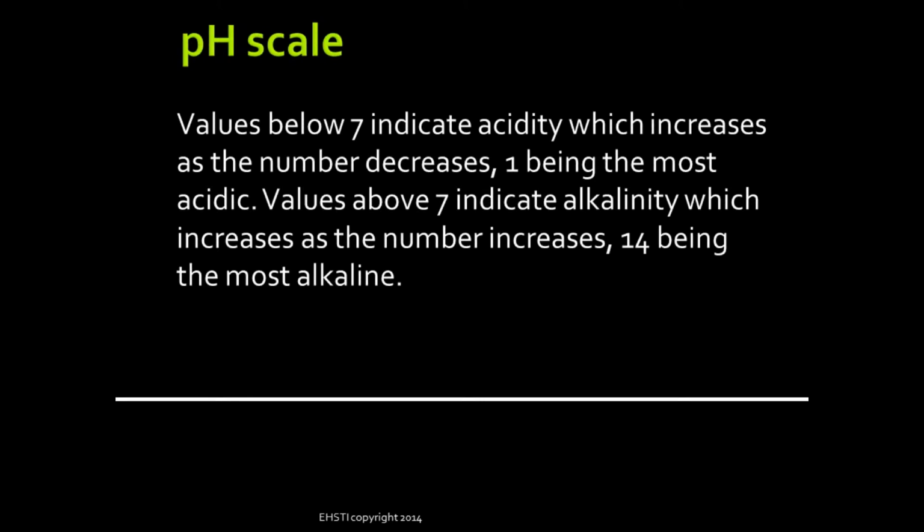Values below 7 indicate acidity, which increases as the number decreases, 1 being the most acidic. Values above 7 indicate alkalinity, which increases as the number increases, 14 being the most alkaline.